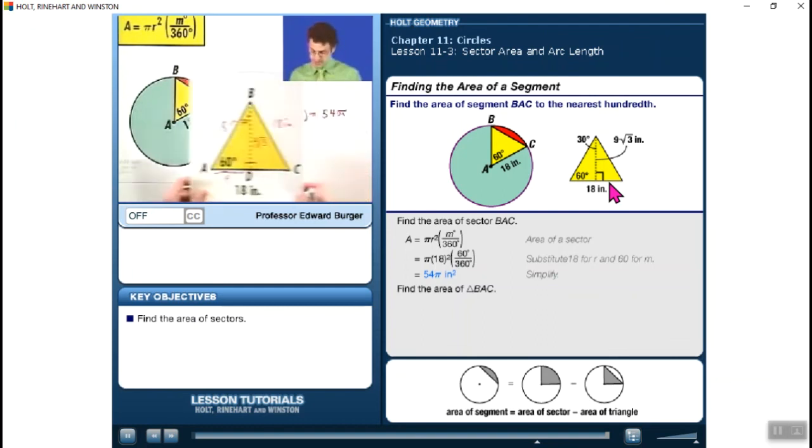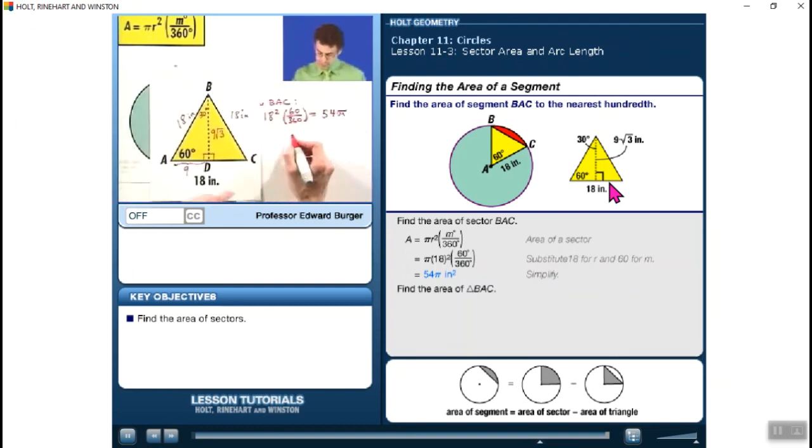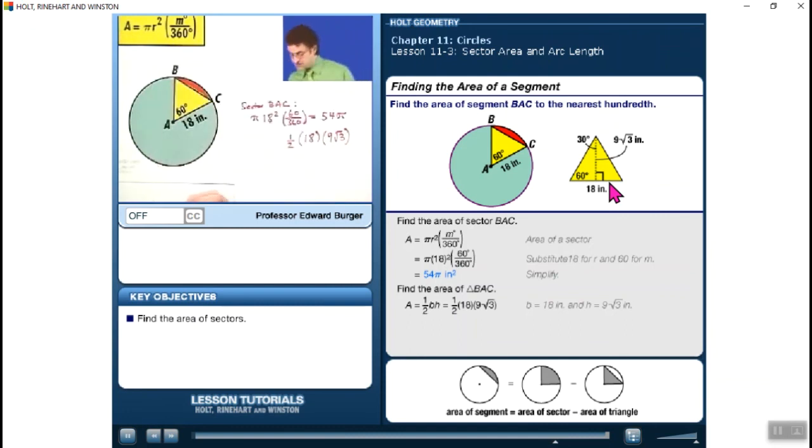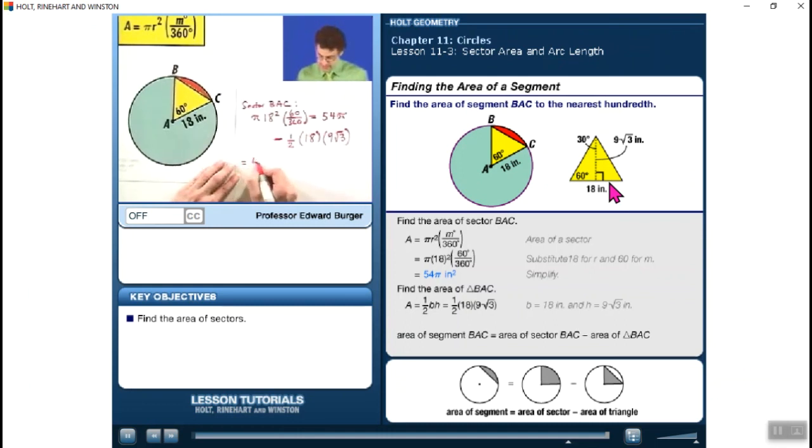So that's going to be what in this case? That's going to be 1/2 the base, which is 18, times the height, which is 9 square root of 3. Okay? And so, what do I want to do? Well, I take this answer, that's the whole sector, and subtract off the area. So I see 54 pi minus, and this works out to be simply 81 square root of 3.